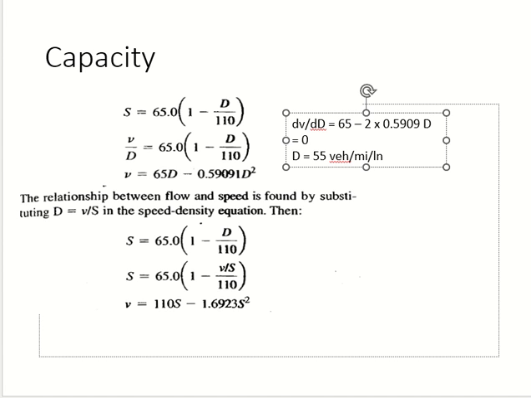I am trying to find the maximum point. At the maximum point, the slope is 0. To find the slope, I took the derivative and put it equal to 0, so I found the density. This density of 55 is achieved when the slope is 0, meaning when the flow is maximum, it is capacity.